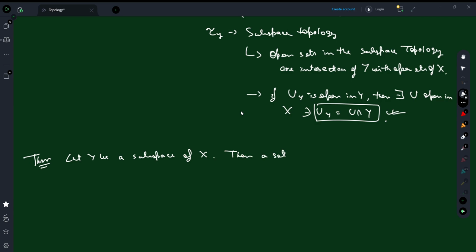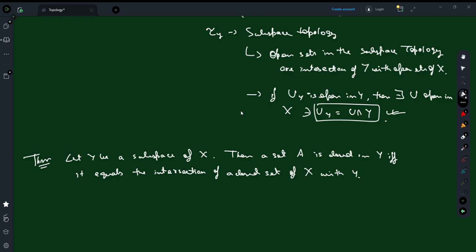Then a set A is closed in Y if and only if it equals the intersection of a closed set of X with Y.